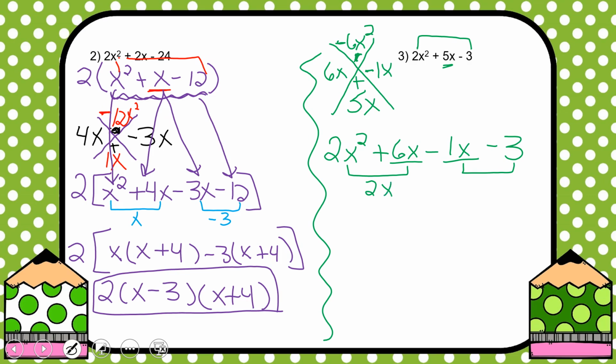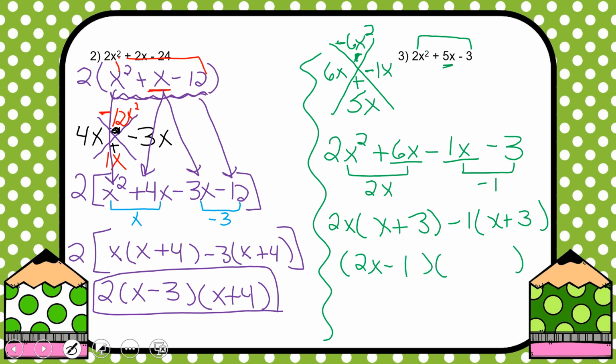This first GCF is a 2x. The second GCF is a negative 1. And I'm going to factor those out. Divide, and I get x plus 3. And divide my second group, and I also get x plus 3. So that's good news. And now I just regroup.